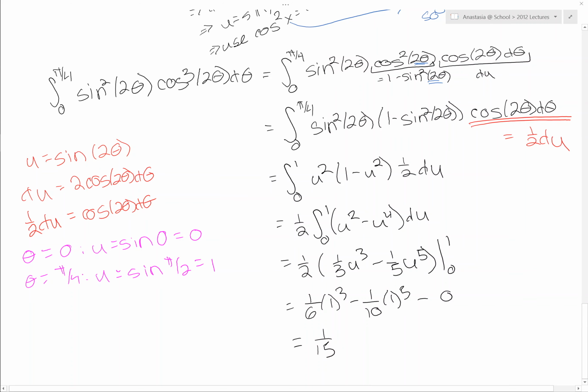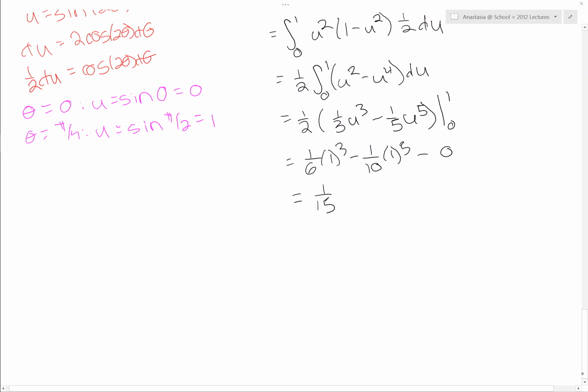So our final answer in this case is that the integral from 0 to pi over 4 of sine squared of 2 theta cosine cubed 2 theta d theta is equal to 1/15.